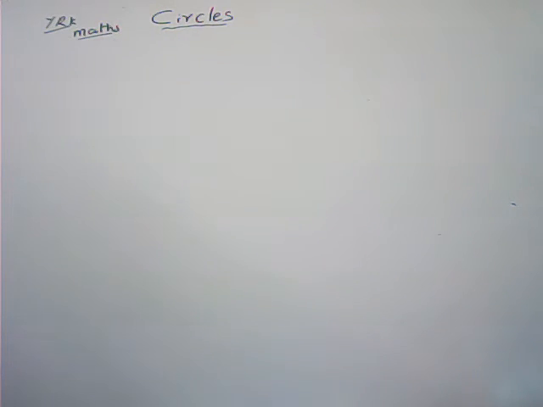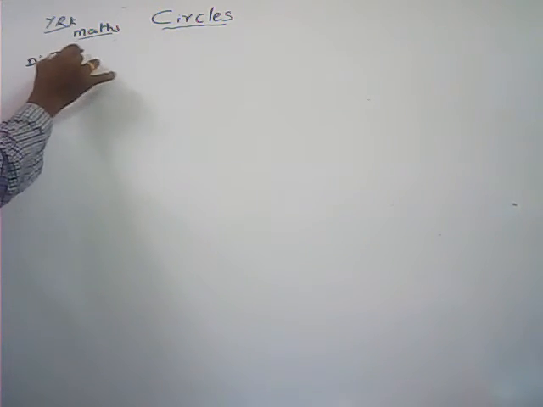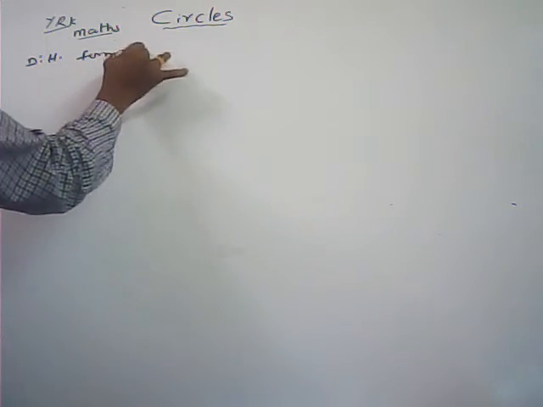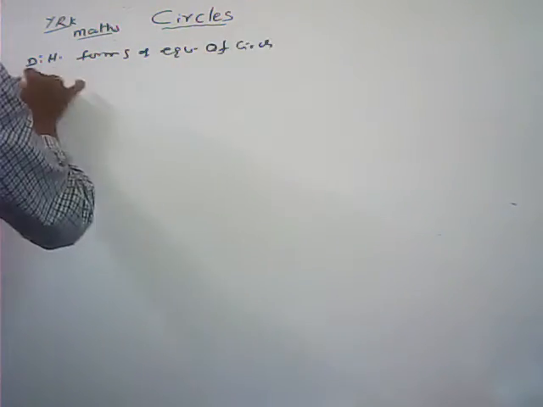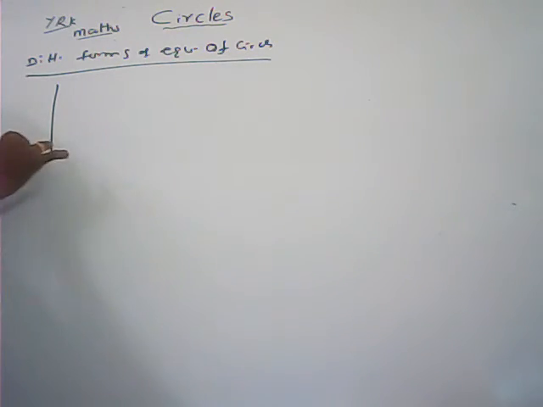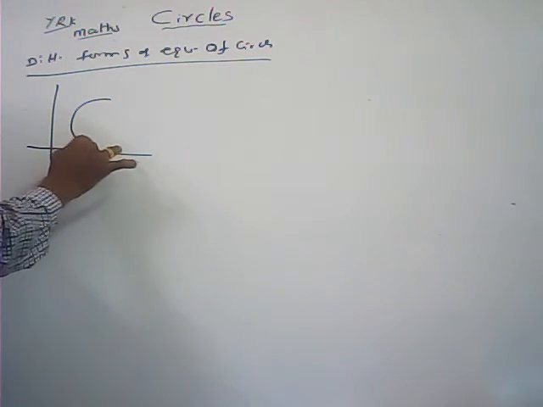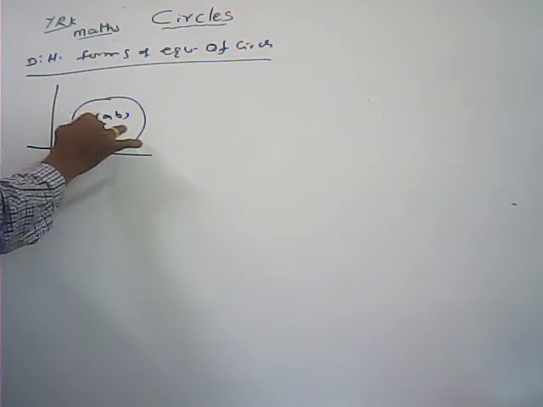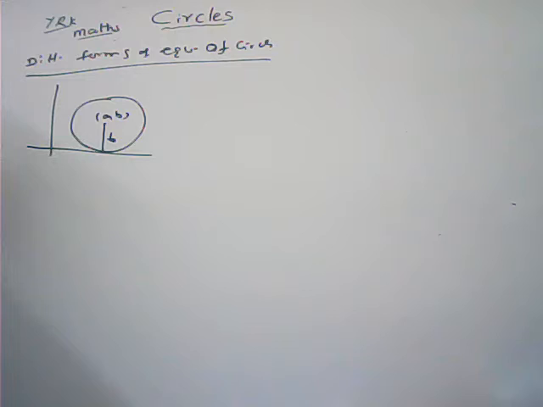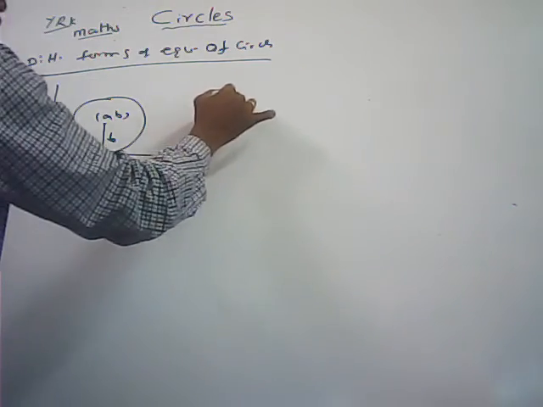And now, different forms of the equation of a circle. If a circle touches the x-axis, if I take the center a comma b, the radius should be equal to b units. So center and radius are given, we can write the equation of the circle: x minus a whole square plus y minus b whole square equals b square.